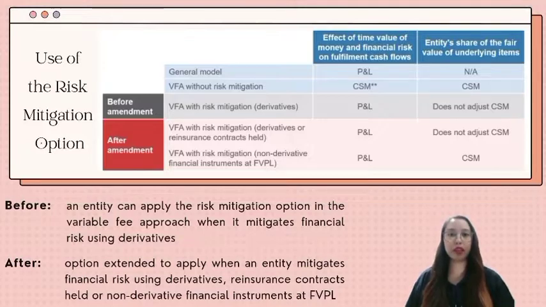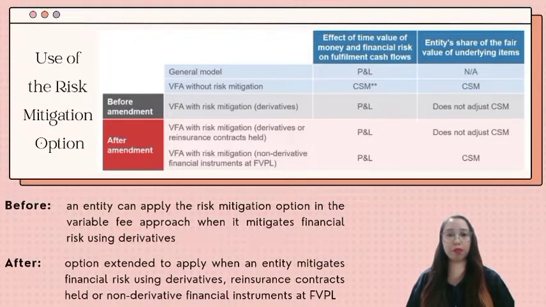So yung next amendment naman po is about sa risk mitigation option sa variable fee approach. Pinapayagan daw po ng risk mitigation option yung entity na mag-recognize ng changes in the effect of financial risk sa profit or loss kaysa mag-adjust po sila ng contractual service margin as normally required po sa variable fee approach.